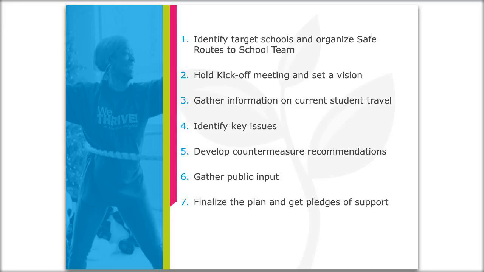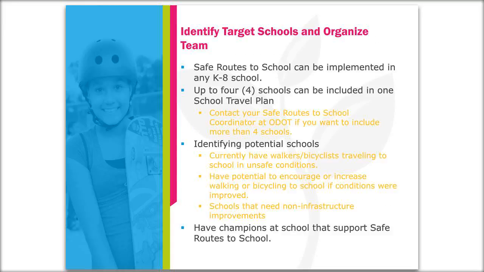You'll identify the key issues. You'll develop countermeasure recommendations to address those key issues, get public input, and then finalize the plan and get pledges of support. So Hannah and I are now going to dive into each of these steps for you so that you can see them in more detail.